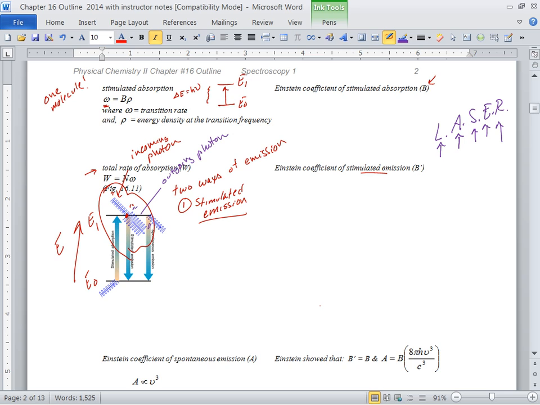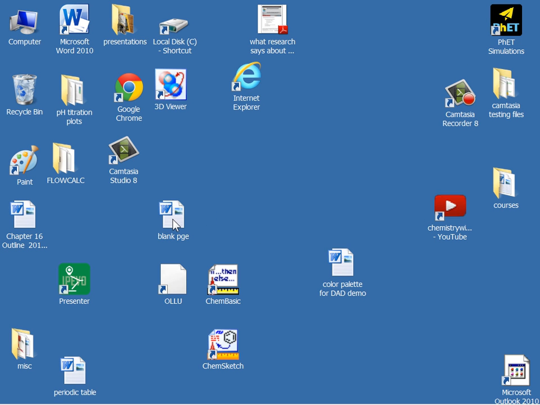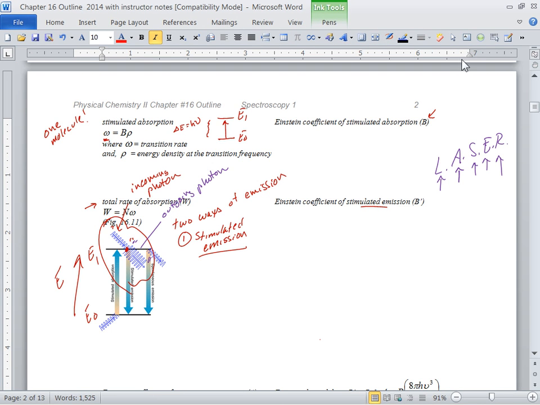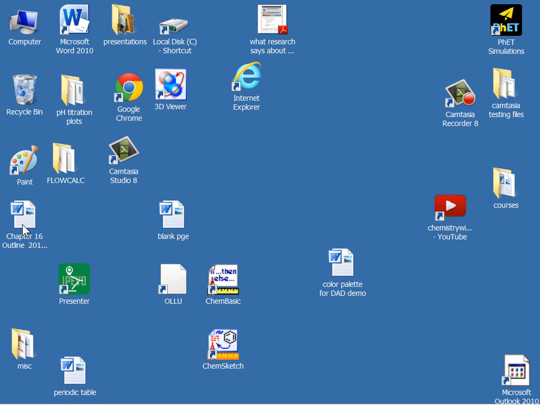Second way. Not dark enough in here, but maybe I can turn this screen off. Can I? I thought I could. I thought I had a black button or something. Blank page? No, it's not black. I thought I had a black page. Chapter 16. Color palette. I don't.